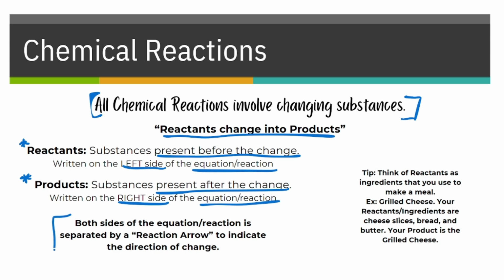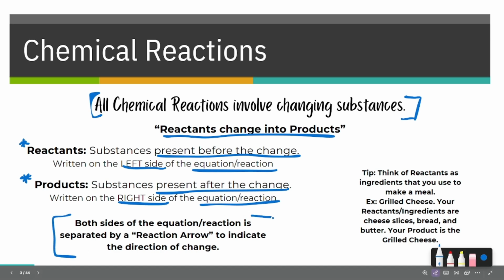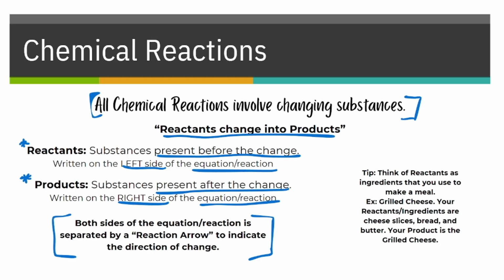What we'll recognize when we move on to an example here in a moment is that all of our reactions are written in a pattern sequence. In this case, you always have a reactant moving towards a product, further emphasizing the fact that we have reactants that change into a product.